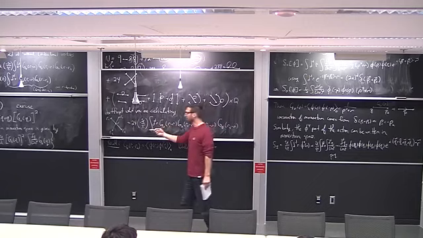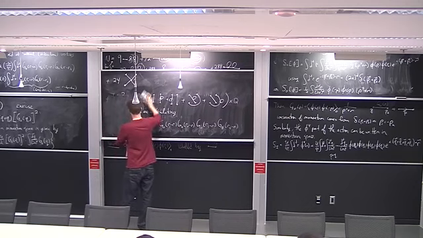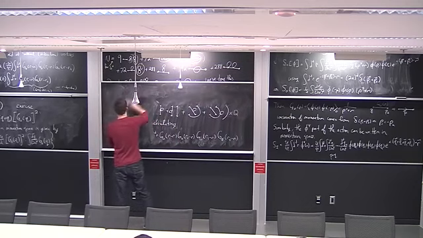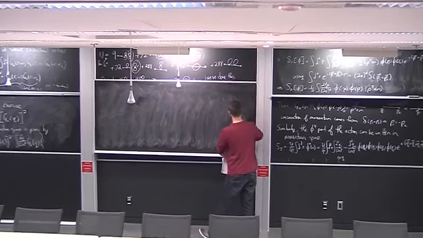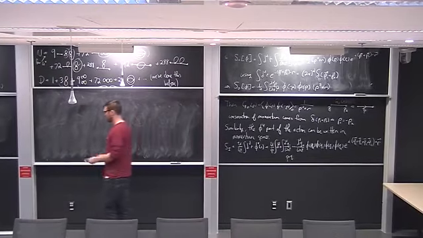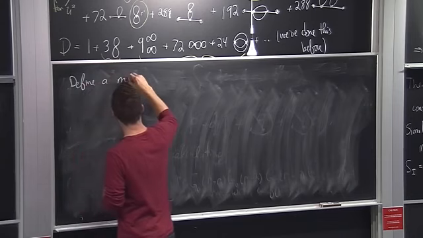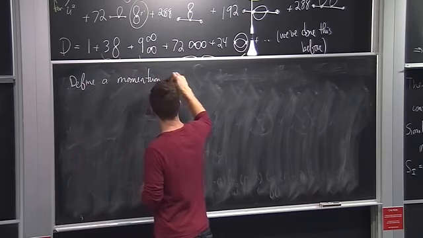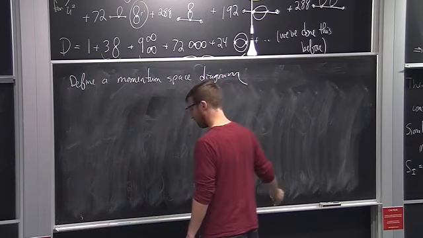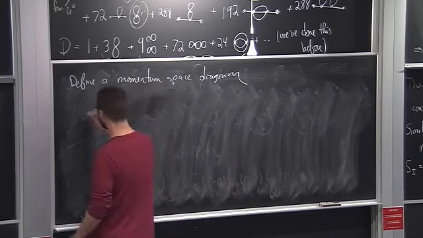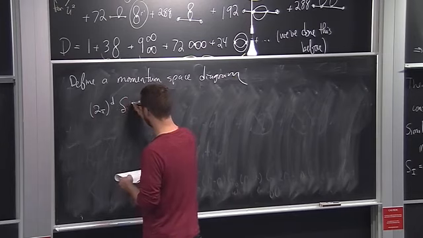So if you look at our diagram, we could define a momentum space diagram, which would be something like, those will get boring after a while, carrying those around.